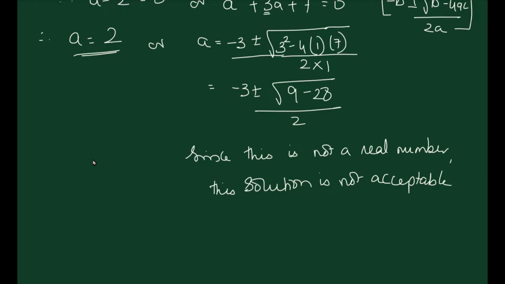Okay, I hope you understood this. If we solve it inside the root sign, 9 minus 28 will yield a negative number. And root of a negative number is an imaginary number, not a real number. And therefore, this solution is not acceptable. And therefore, we have a is equal to 2 as the actual solution of the sum that is there. Study the sum properly.